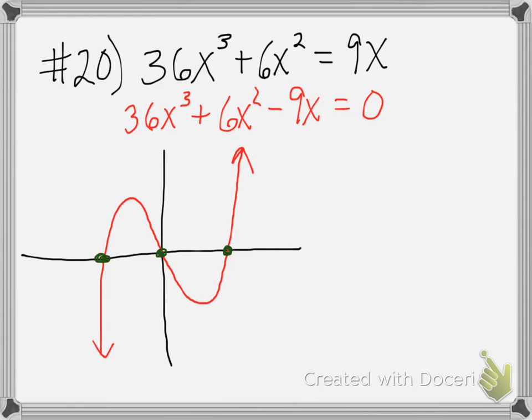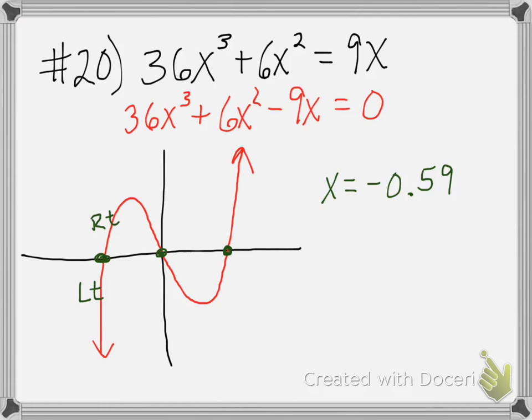Press second trace, option 2 for 0, and we'll start on the far left. Okay? So if I'm going to find the far left 0, the left bound will be below, and the right bound will be above, and then hit enter to guess. And your solution for that one point there is negative 0.59 about.